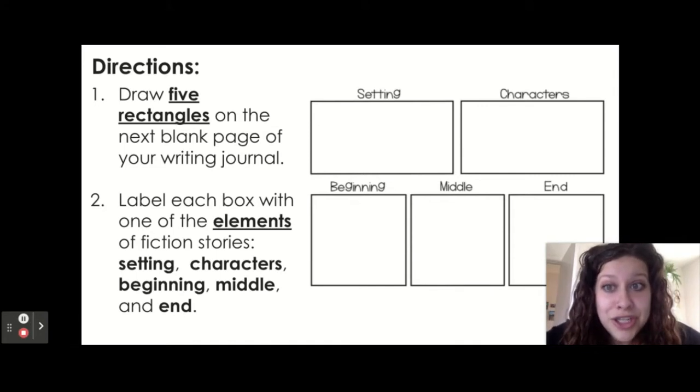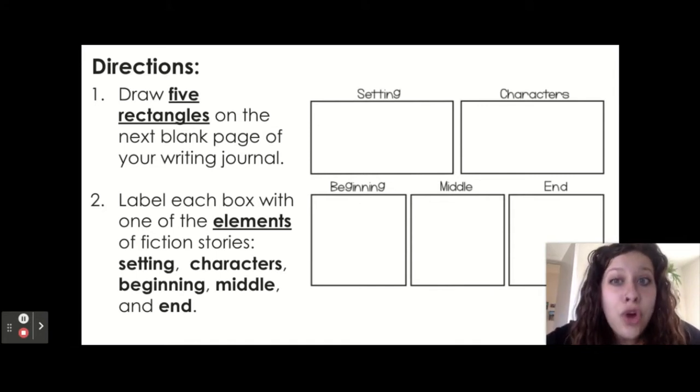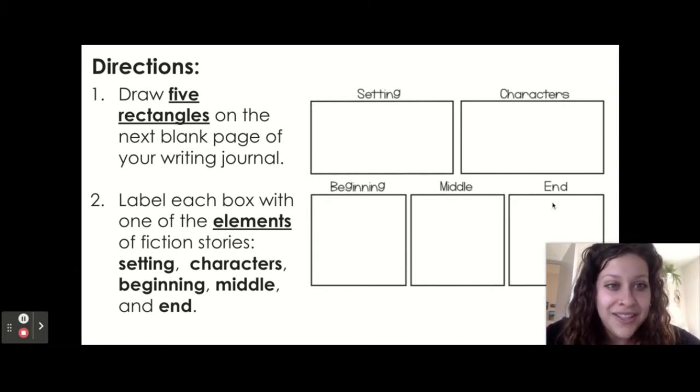So, our directions for today are to draw 5 rectangles on the next blank page of our writing journal. And we're going to label each of the rectangles. So, we're going to make a box for the setting, a box for the characters, a box for the beginning, a box for the middle, and a box for the end.